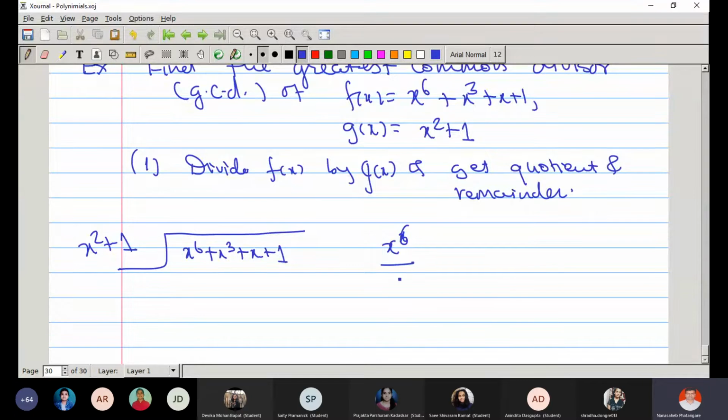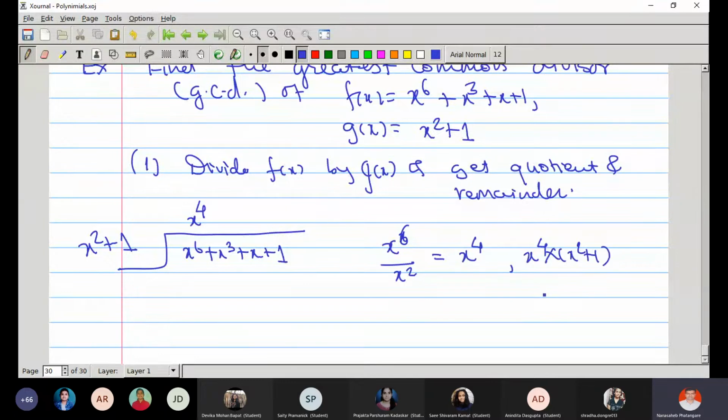We get x raised to 4. Then multiply x raised to 4 by x square plus 1. What you get? x raised to 6 plus x raised to 4, and subtract, change the sign.